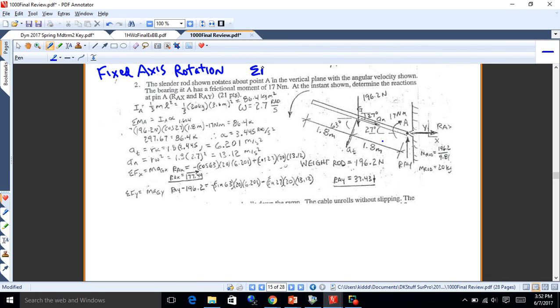So I would go sum of MA equals I_A alpha, and then I'd go sum of Fx is equal to m a_Gx, and sum of Fy is equal to m a_Gy. That's how I would find those reactions, okay? You had a problem kind of similar to this in the homework that I think you turned in today.